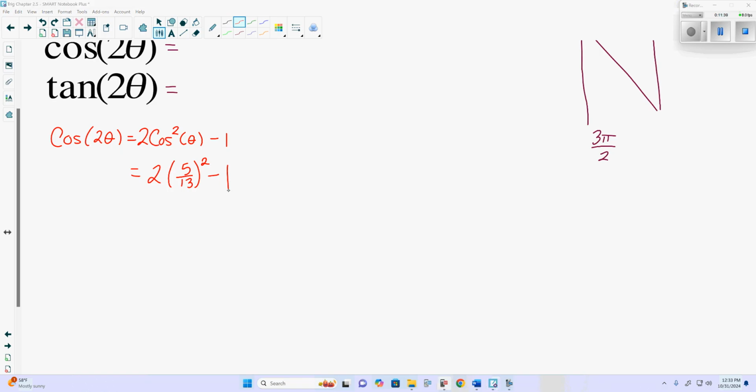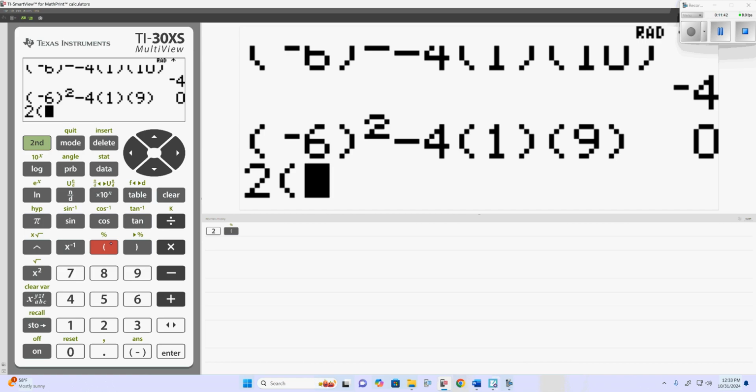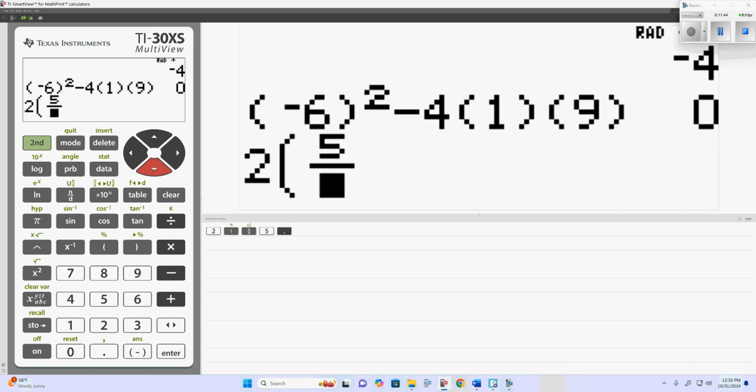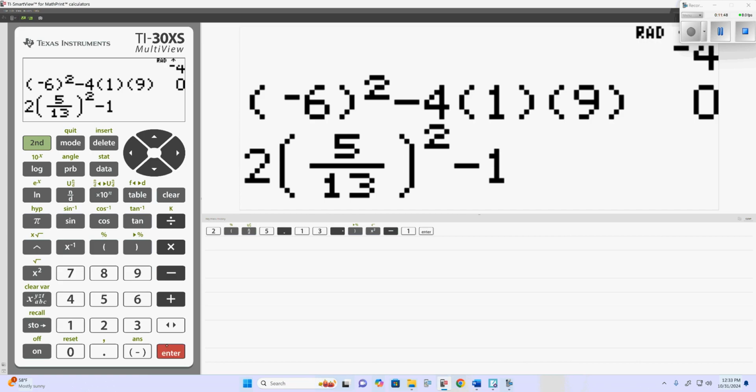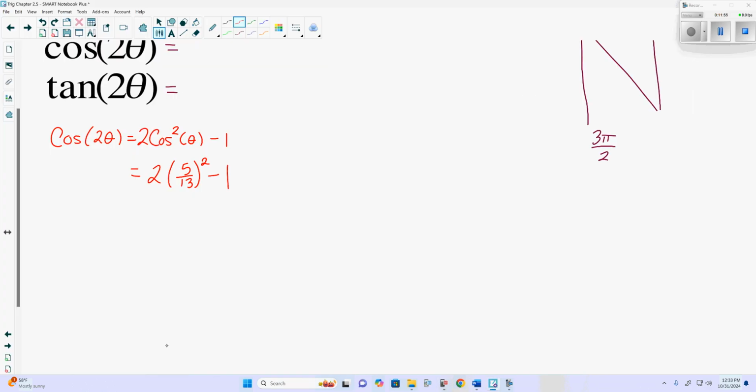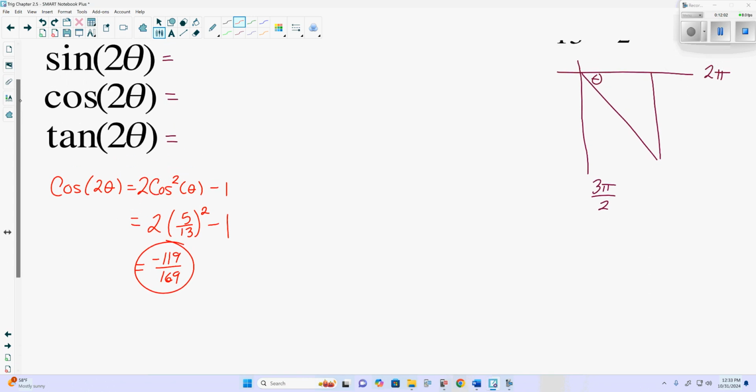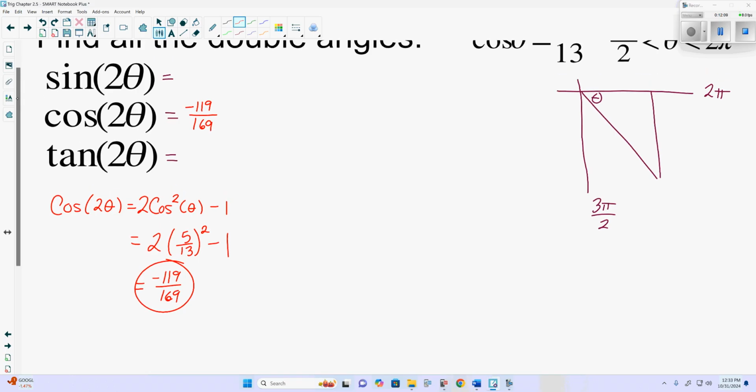Now, exactly, we could actually say 2 parentheses 5/13 close parentheses squared minus 1 is negative 119 over 169. And that's our value of cosine of 2 theta.